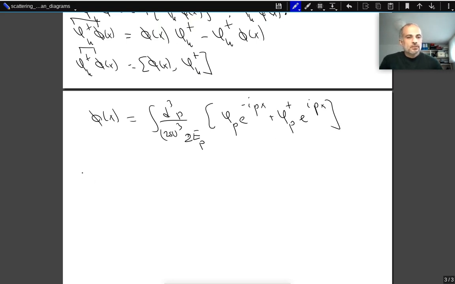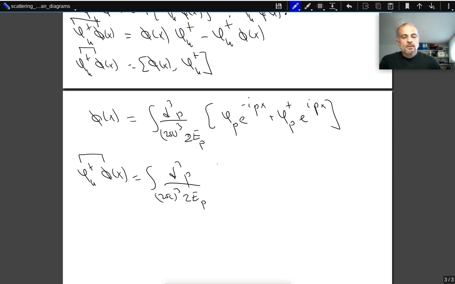Now if we calculate that commutator, this will be equal to integral d cubed p divided by 2 pi cubed, square root of 2 E_p, the commutator of phi p and phi k dagger, e to the power minus i p x.